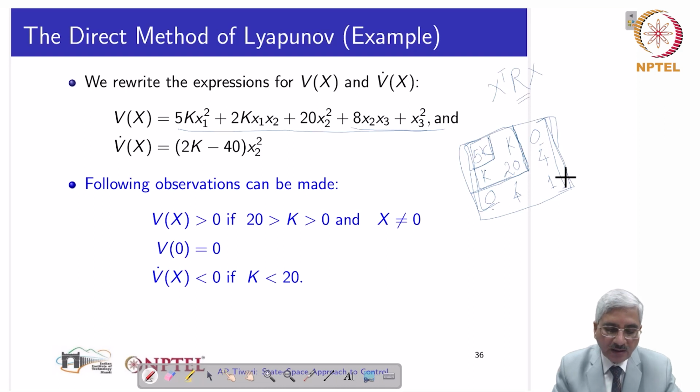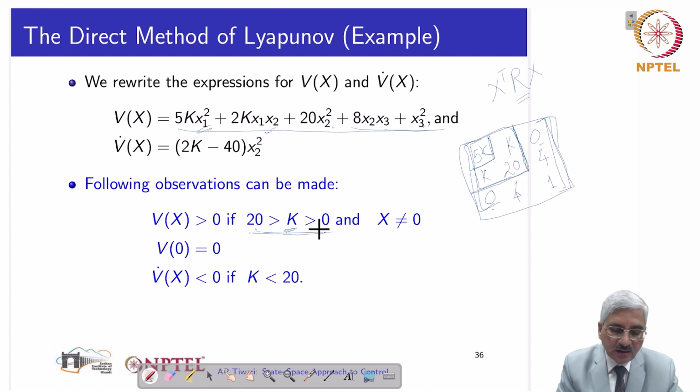If we do all that, we get this condition: k should be within 0 and 20. Then for x identically 0, Vx becomes 0. So Vx is 0 at x equal to 0, and it is positive if k is between 0 and 20.